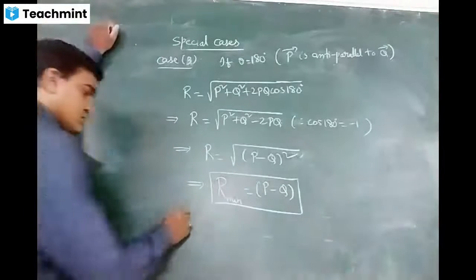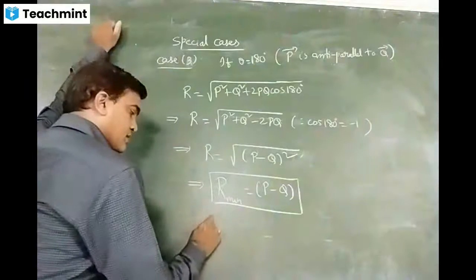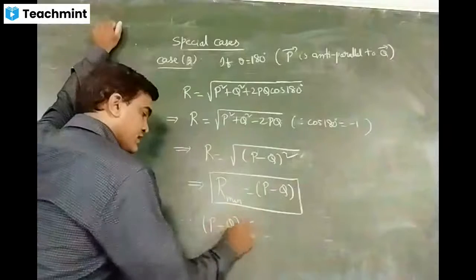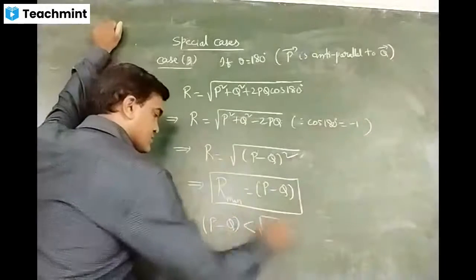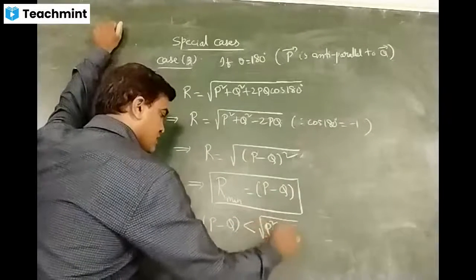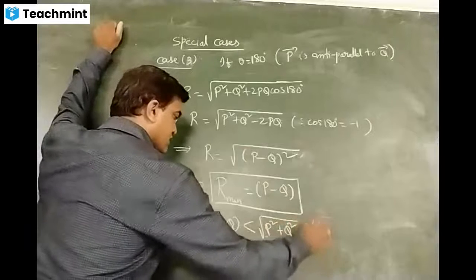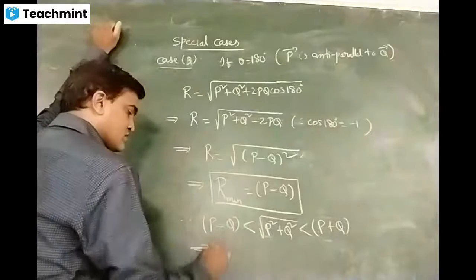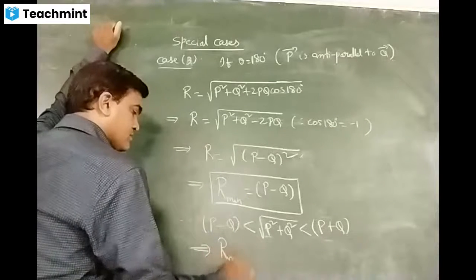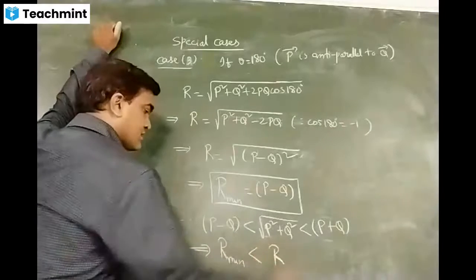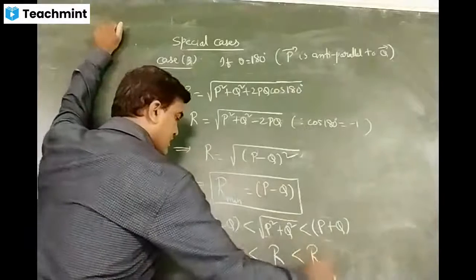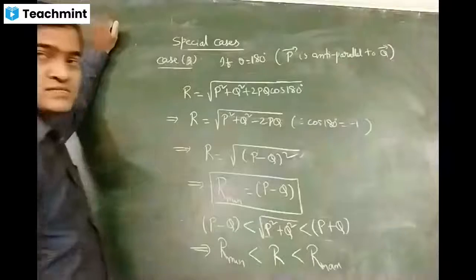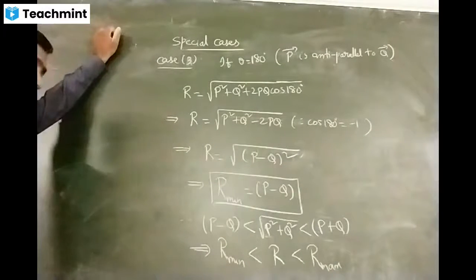Therefore, I can write P minus Q is less than square root of P square plus Q square is less than P plus Q. This is nothing but R minimum less than R maximum.